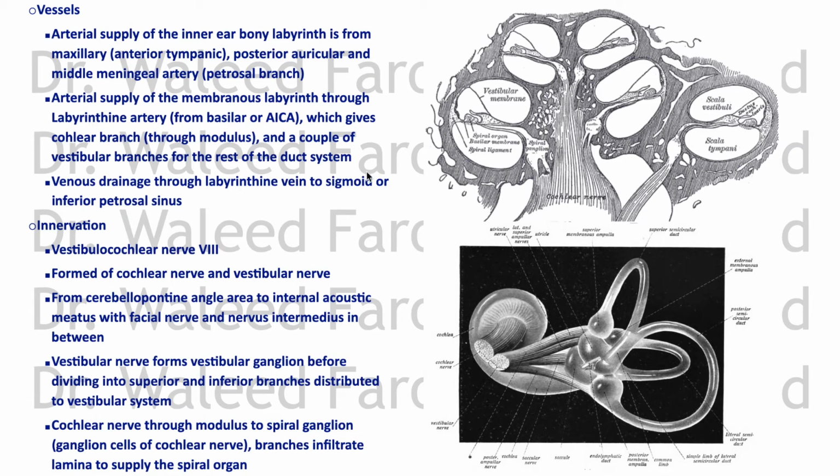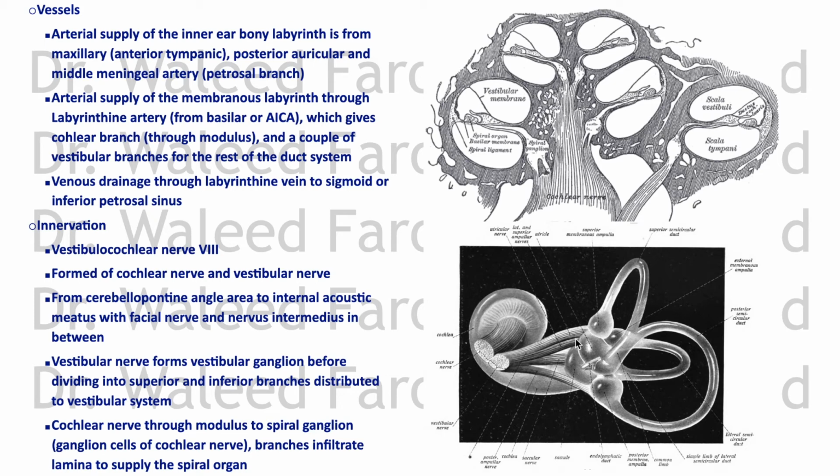Okay, the innervation, of course, we're talking about the vestibulocochlear nerve, and the nerve fibers coming from the organ of Corti have their cell bodies in the spiral ganglion, and the spiral ganglion gives off the cochlear nerve. This is the cochlear nerve before it meets the vestibular nerve, which has the same story.